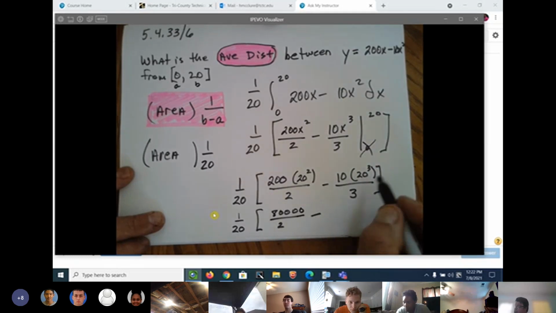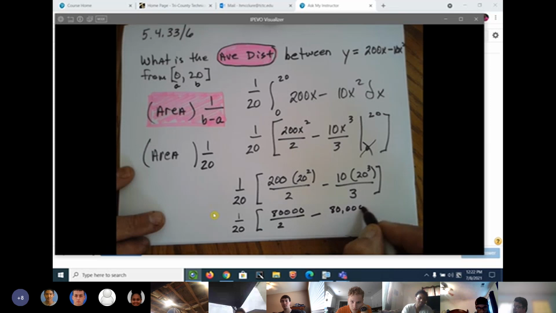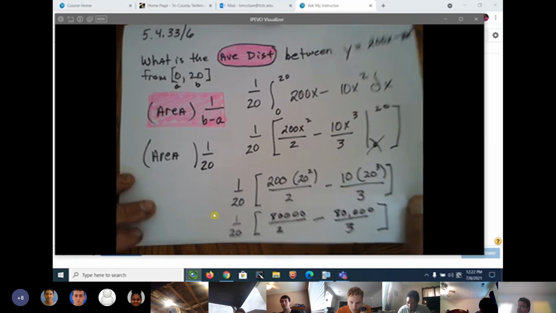Minus, what's 20 to the third power? Would be 8,000, wouldn't it? That's 8,000 over 3, right? Now you just have to get a common denominator, which is 6.